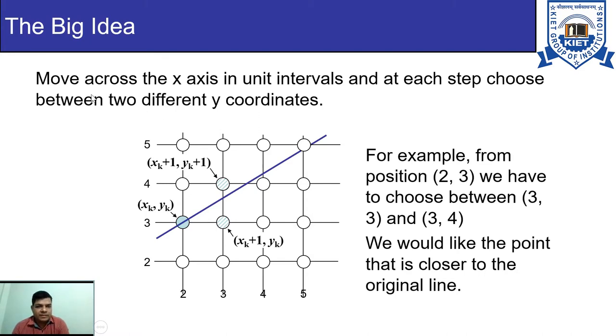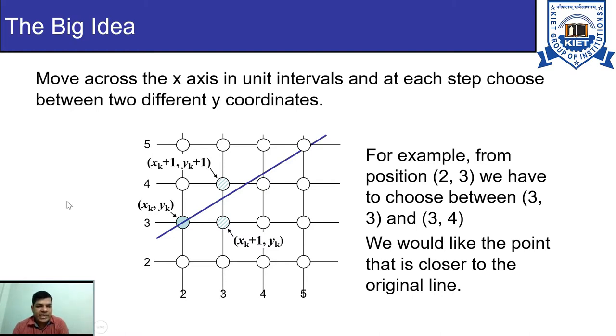Now, in this case, we are assuming that whatever line we are drawing through Bresenham's algorithm, the line has a slope less than 1, and this is our assumption.